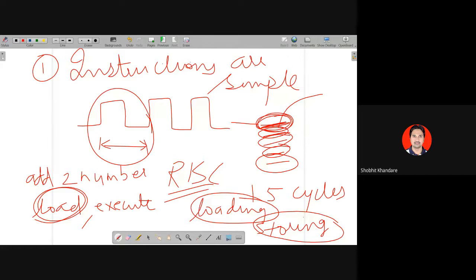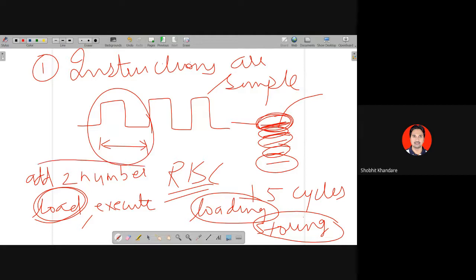Storing means taking the data from the register towards the memory. Please see the difference between loading and storing. Loading means taking the data from the memory and loading into the register, and storing means taking the data from the register and storing into the memory. That is the major difference between loading and storing.